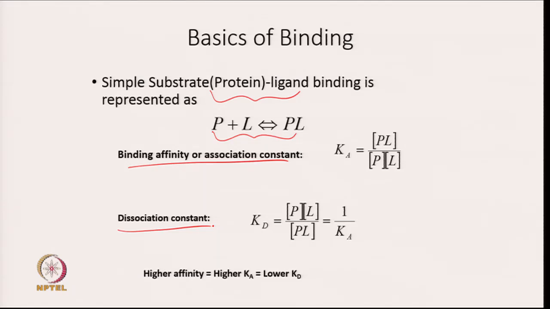One is by using binding affinity or association constant. Ka will be given by PL divided by P into L. So, this is nothing but the equilibrium constant of this process.